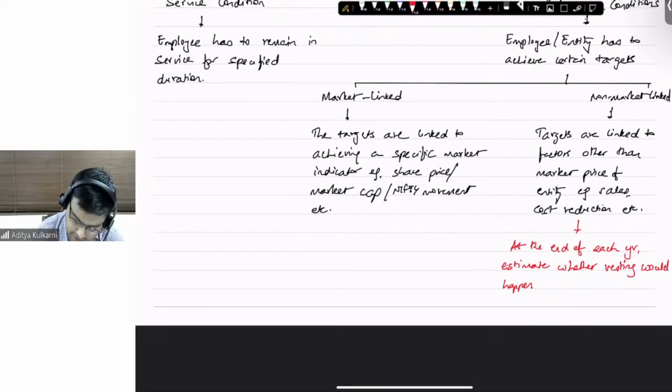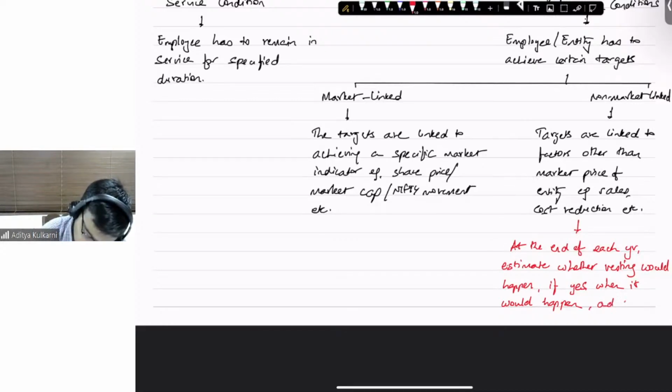So estimate whether vesting would happen. If yes, when it would happen. And accordingly compute EBE.